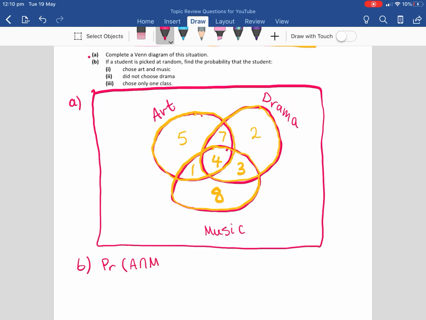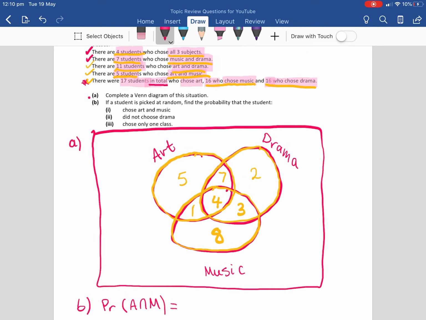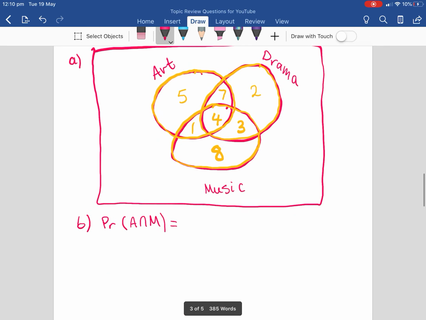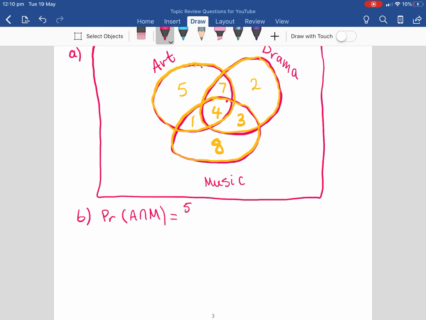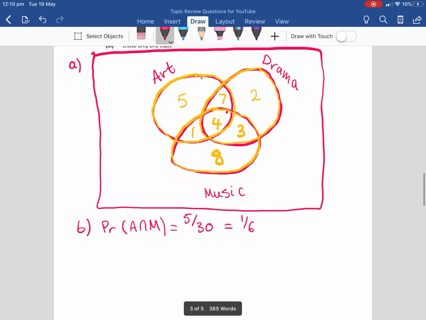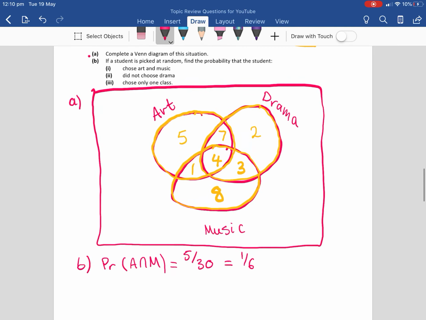You can either get that from the information up here or your Venn diagram, but we know that 5 students chose art and music. So 5 out of 30, which is the same as 1/6 if you simplify it on your calculator.